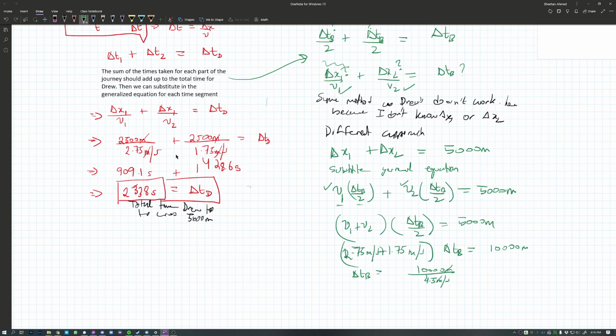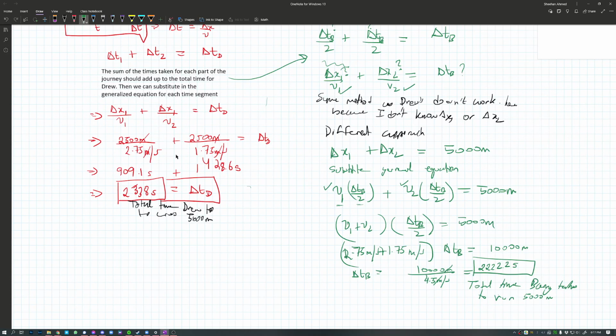These meters can cancel, and I get 2,222.2, repeating of course, seconds. And this is the total time Barry takes to run 5,000 meters, or to finish 5,000 meters.